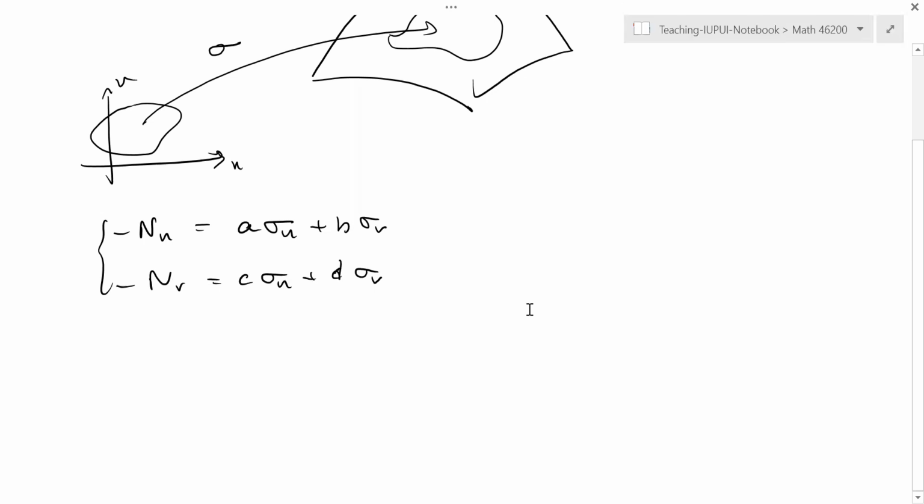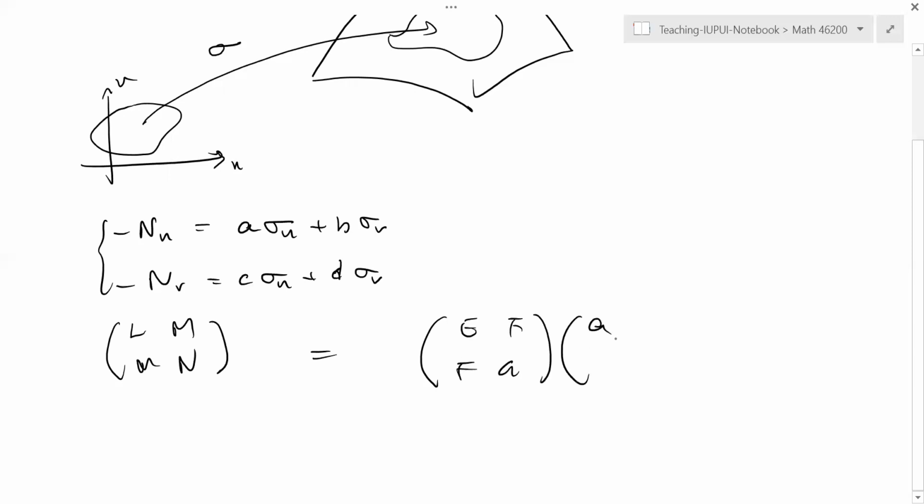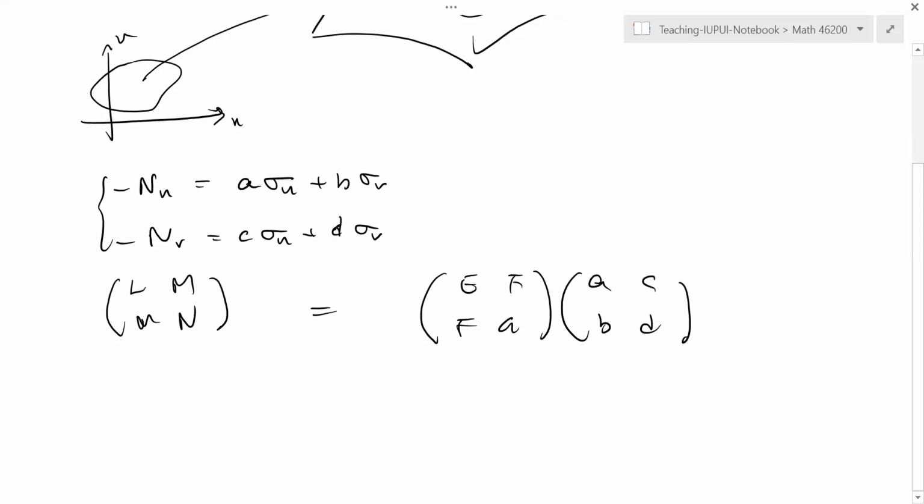And this matrix is actually related to the coefficients L, M, M, N, and this is going to be E, F, F, G, and here's A, B, C, D. So that's the relationship.